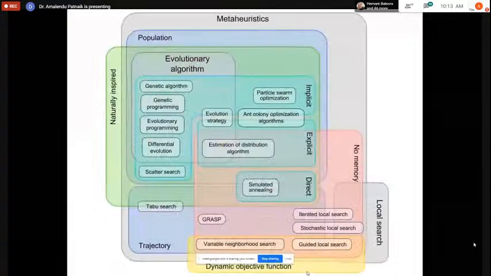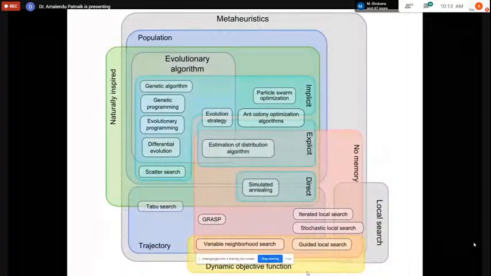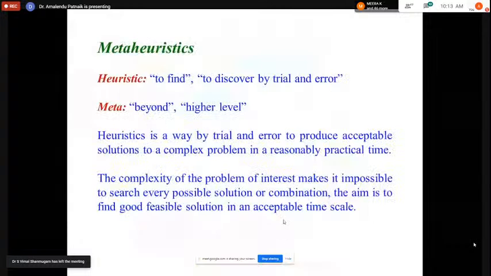If you see this block diagram, under the umbrella name of meta-heuristics, you will find a lot of methods of implementing them.